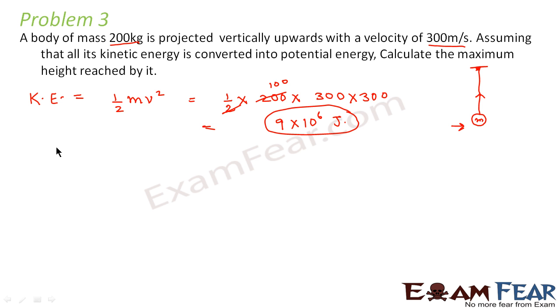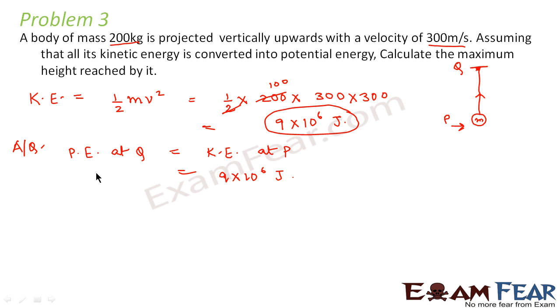The question says that the potential energy at maximum height, let us suppose this is position Q and this was position P. Now according to the question, the potential energy at Q is equal to the kinetic energy at P, right? So we have calculated the kinetic energy at P as 9 into 10 to the power 6 joules.